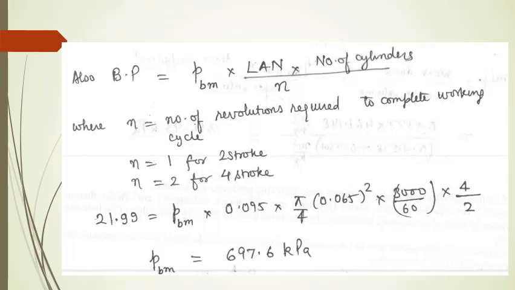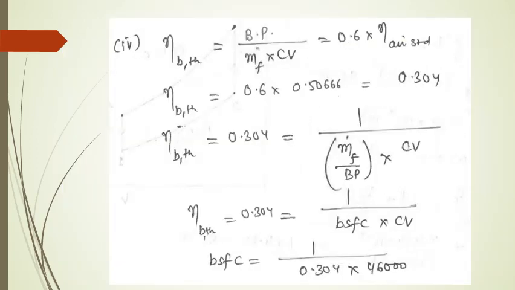A is the cross-sectional area of the cylinder. Capital N is the speed of the engine, which has to be expressed here in revolutions per second. Now we are substituting the given values in the formula. So the value of brake mean effective pressure comes out to be 697.6 kilopascal.